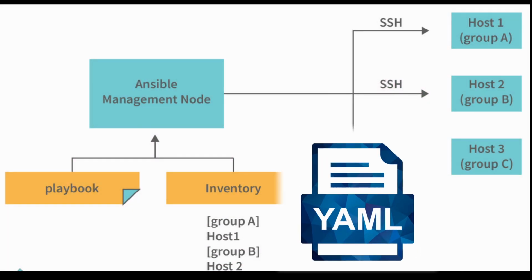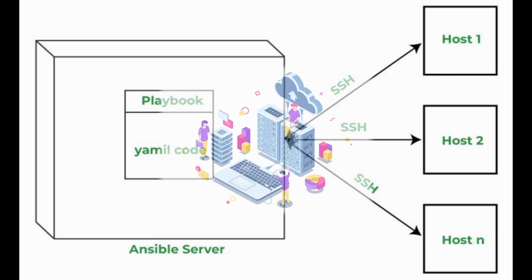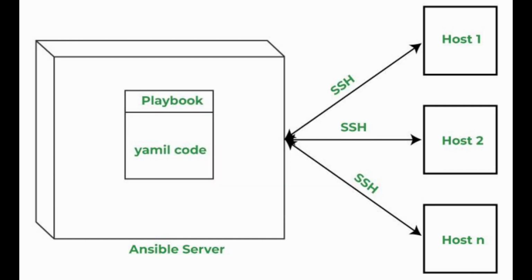It is a human readable data serialization language and is commonly used for configuration files, which is very easy for humans to understand, read, and write. Hence, the advantage is that the IT infrastructure support guys can read and understand the playbook and debug if needed.